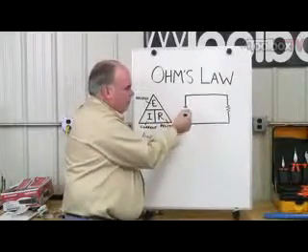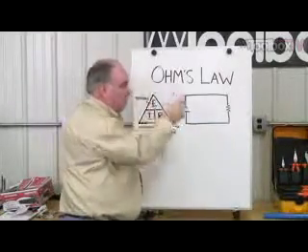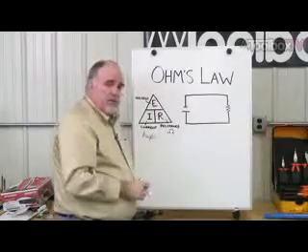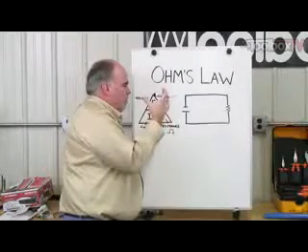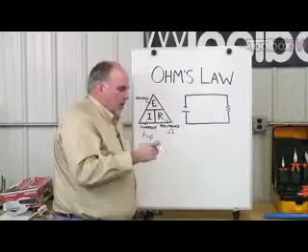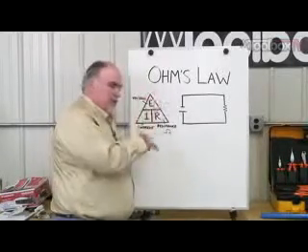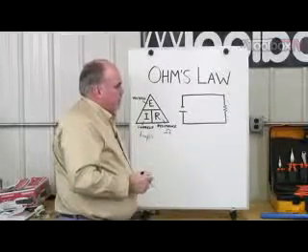Here's a battery. Here's a resistor. Okay? If it's a complete circuit and the battery is charged up, and as you might remember from earlier discussions, a battery that's charged is unbalanced. It's got a surplus of electrons on one side, and it's very positive on the other side. Electrons being negative would be the negative side.